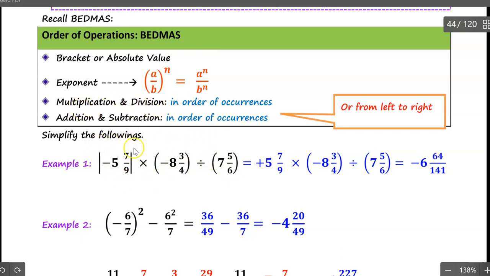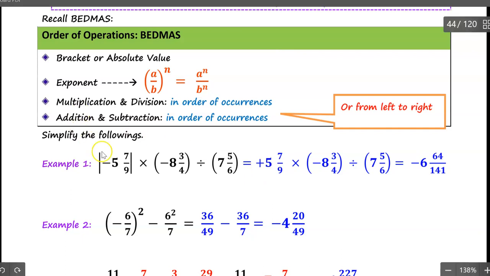However, before you do this, you may want to change this into a positive number. That means you work with the absolute value. You take the absolute value away, and you turn that into a positive number. Because basically, absolute value represents the magnitude or the true length of certain values.